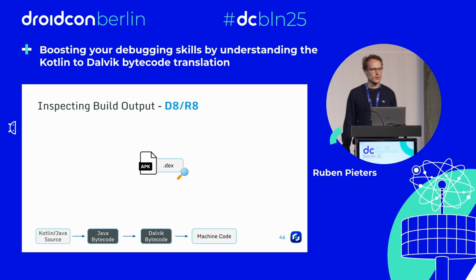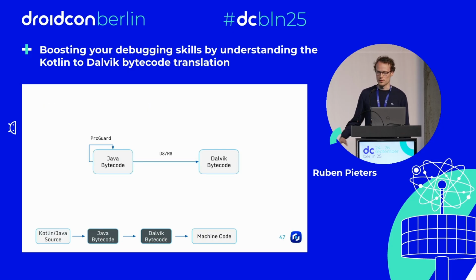So let's also go into an example where it could be interesting to look into what has happened to the DEX files. This will be a bit of a longer example. I also want to introduce some additional steps that can possibly happen with DEX files beyond only compiling with D8. When we translate Java bytecode to Dalvik bytecode, there are also other steps that can happen.